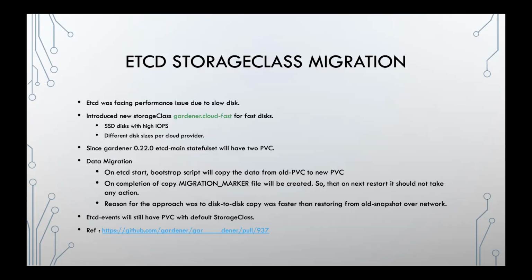So with this change we introduced a new storage class named gardener.cloud-fast. Basically this storage class points to the fast disk with high IOPS per cloud provider. These are SSD disks or flash disks depending on the cloud provider, and the disk sizes again vary as per the cloud provider's specification.